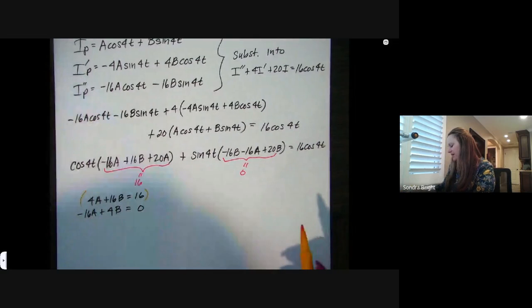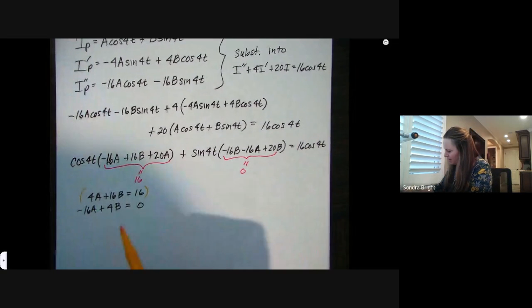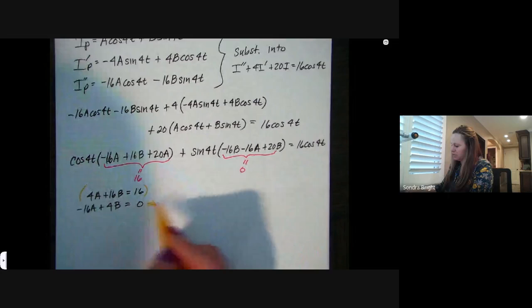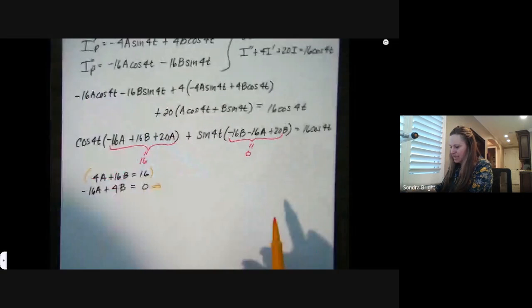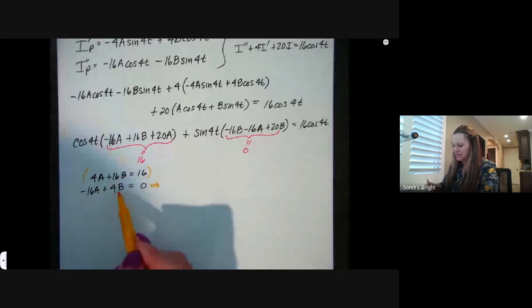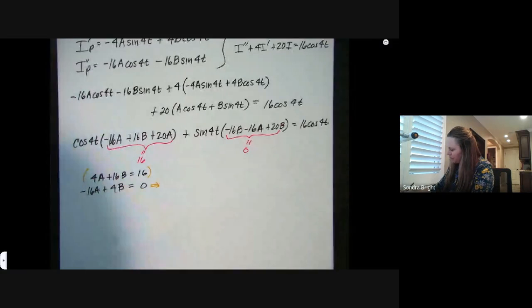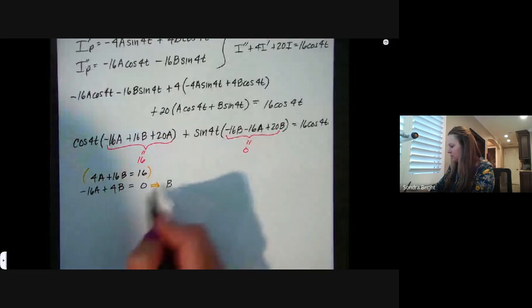Okay. So I'm not going to do linear combination. I'm just going to go, oh, look, if I solve for b, that means b would be, you would add the 16a and then divide by 4. So b is actually equal to 4 times a.